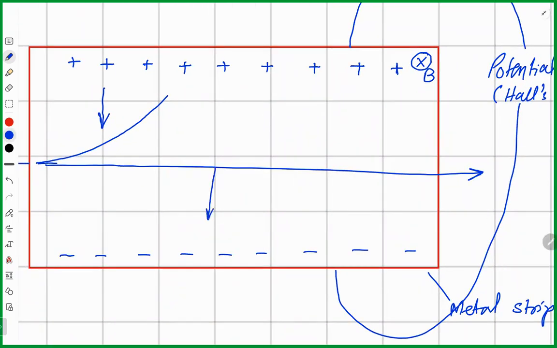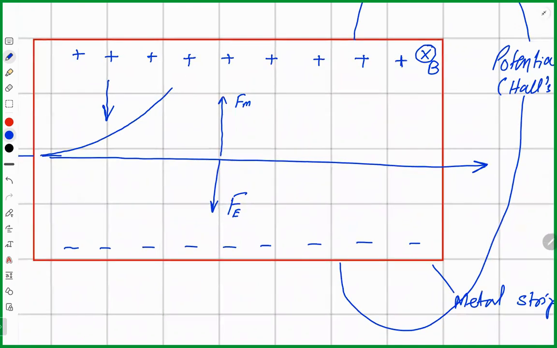This is the force because of the electric field, and this is the force because of the magnetic field.